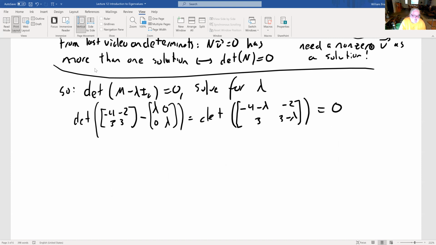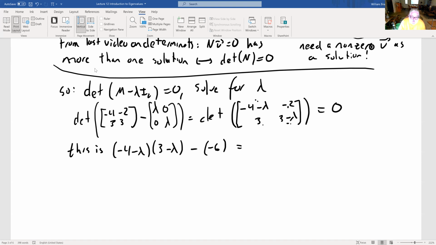Great. Remember that the determinant is this one times this one minus this one times that one. So it should be -4 minus lambda times 3 minus lambda, minus 6.